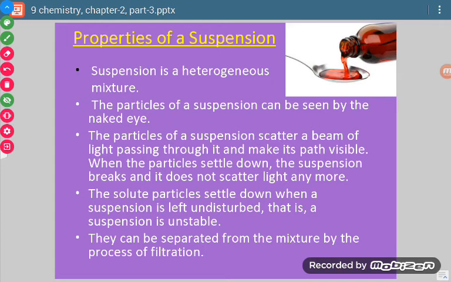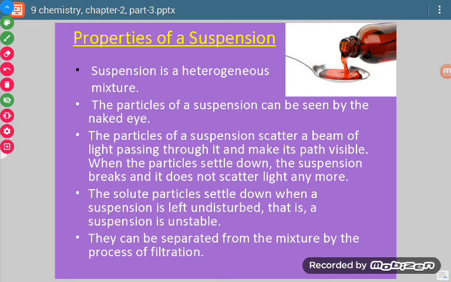It means its particles have settled down and you need to shake it properly so that the dispersed phase particles can mix in the dispersion medium. The solid which is distributed throughout a liquid solvent can move throughout the sample and you can get the mixture.